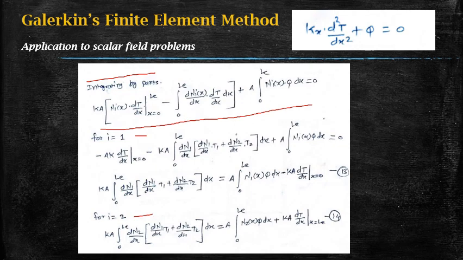So further simplifying and substituting these values of i, we obtain these two equations. This is first equation and this is another equation. Now these are two gradient terms. This is one gradient term and this is another gradient term.